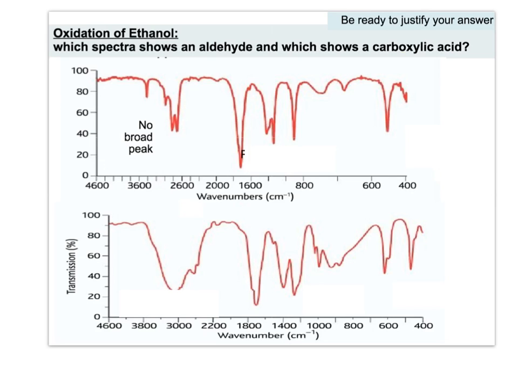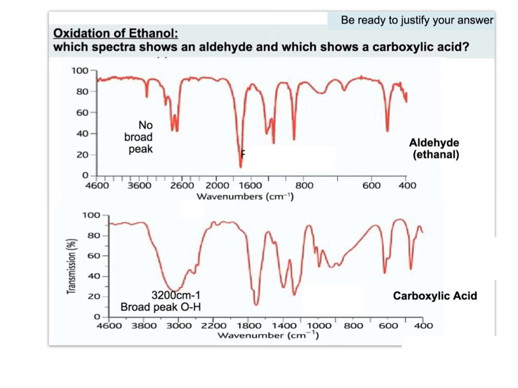So an OH is always this broad, deep absorption peak around this sort of wave number. If you look at this one, this one does have a broad peak around this correct wave number. So that tells us that this must be the carboxylic acid and this must be our aldehyde.